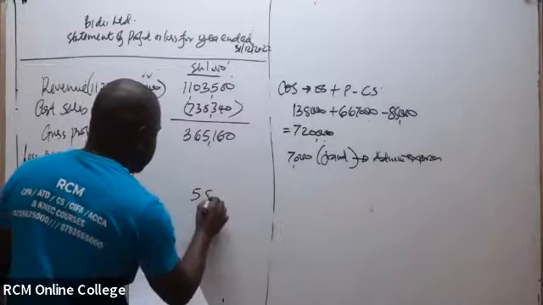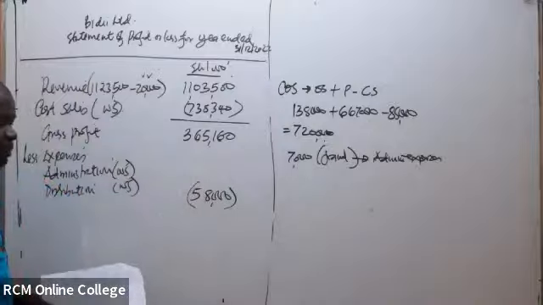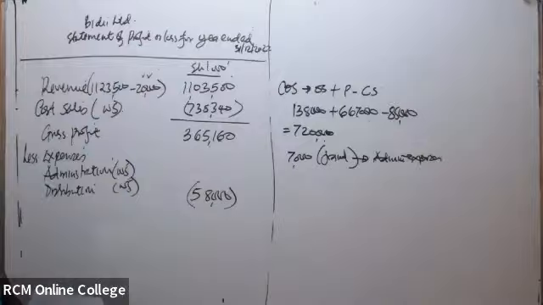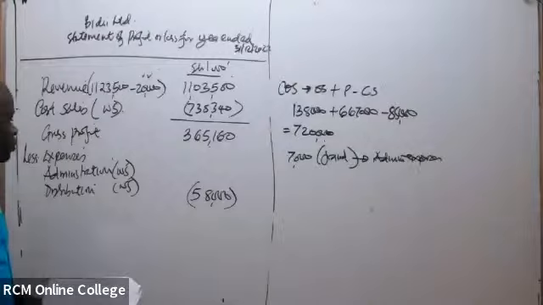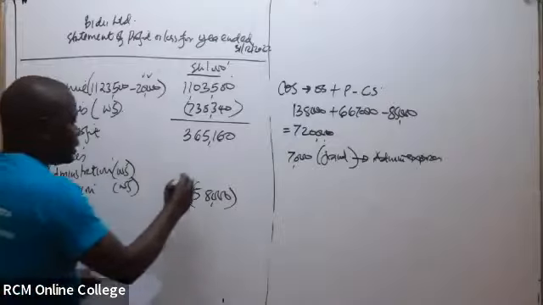Then administration expenses was coming to 115,500. Is it? Administration was 115,500.